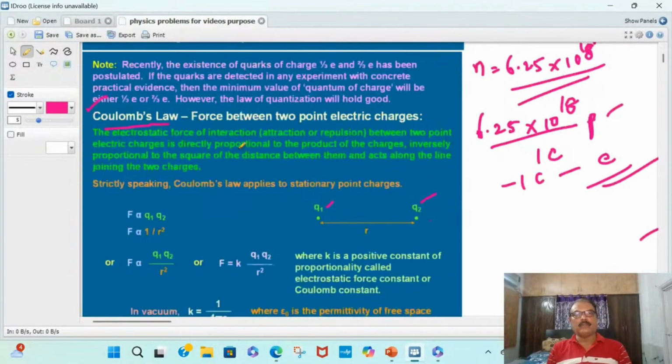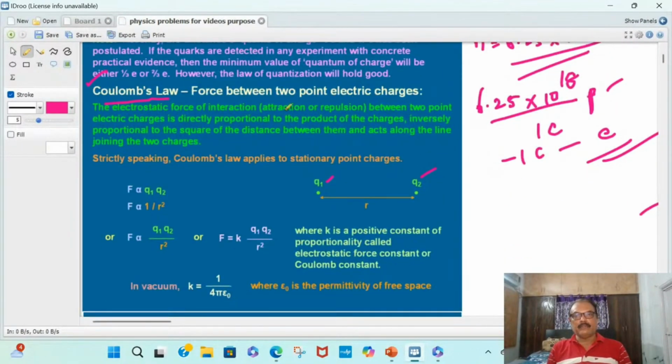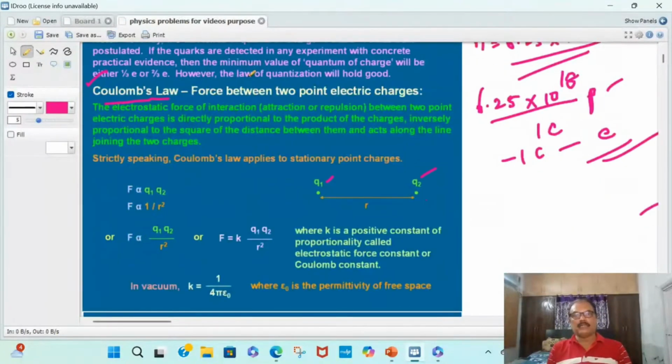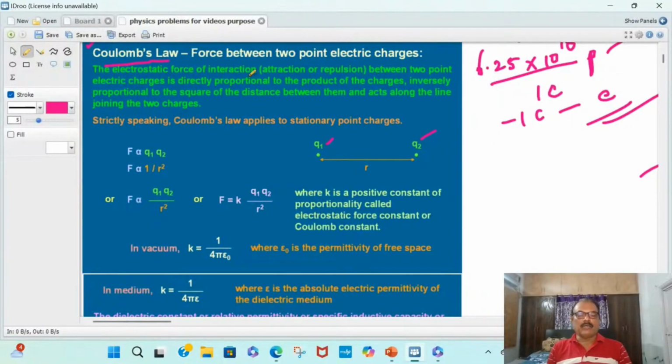What is Coulomb's law? Actually, you already know that when two charges are kept near, if they are opposite, they will attract, and if they are like charges, they repel. Positive-positive will repel, negative-negative will repel, and positive-negative will attract.